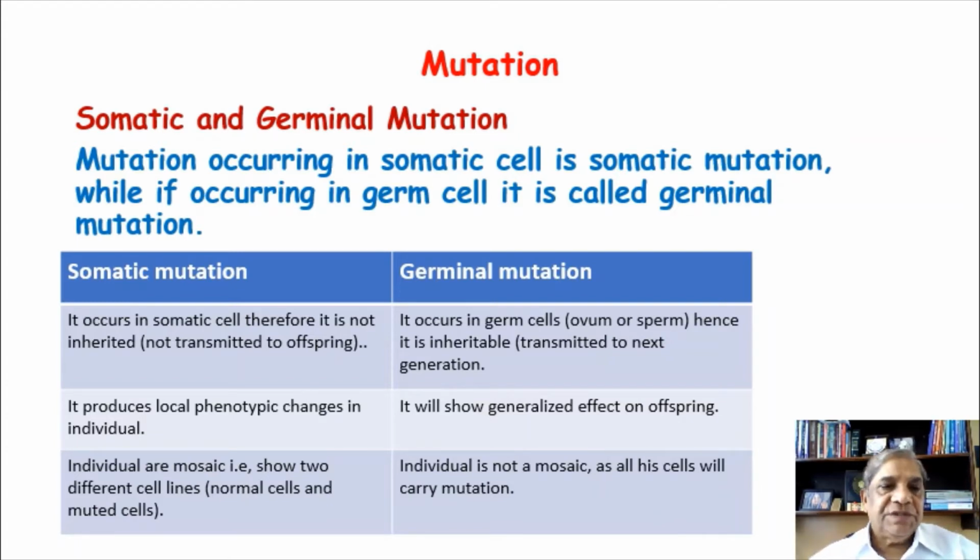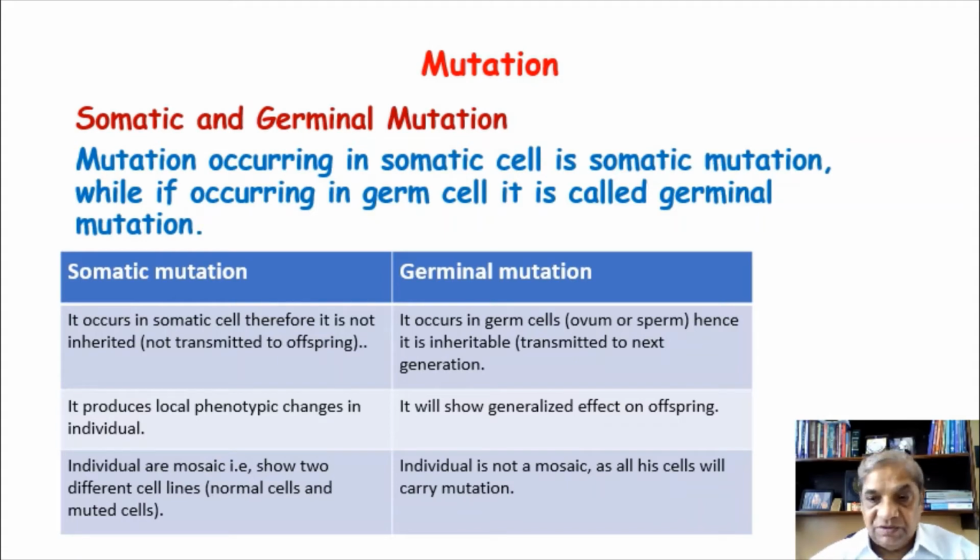Now, the second difference is that it produces local phenotypic changes in individuals. Somatic mutation, even if it is harmful, will have just a very local effect, where the cells are dividing and producing those mutated genes. That abnormal gene will have an abnormal product in the form of protein, enzyme, hormone, whatsoever it is, and its effect will be seen only in that particular area, not even in the whole body.